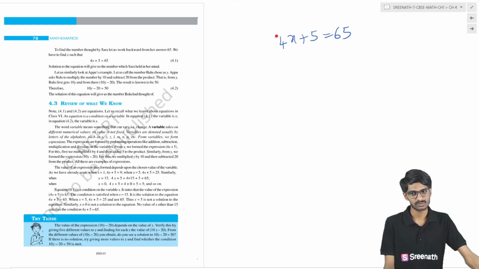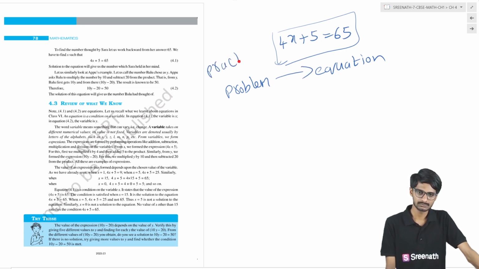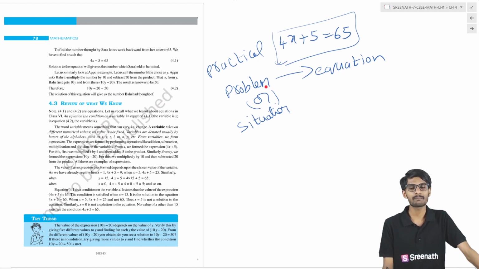So basically this is the equation. For our practical situation, we have set it up in the form of an equation. For our practical problem or situation, we have set up an equation.